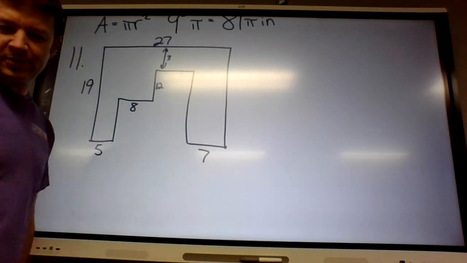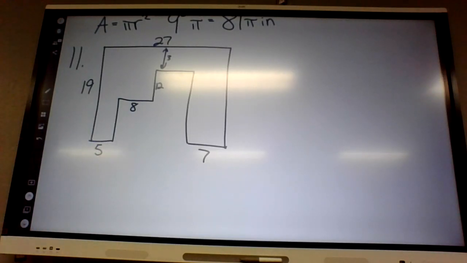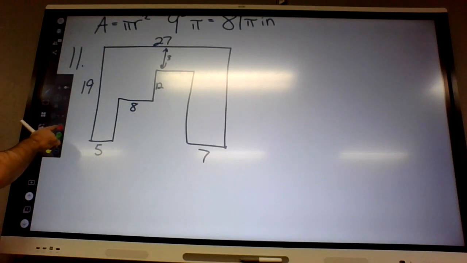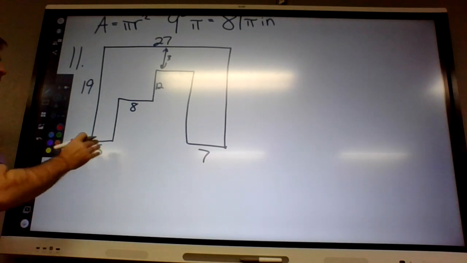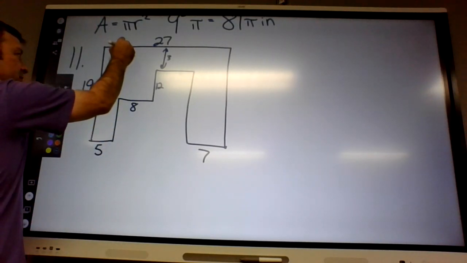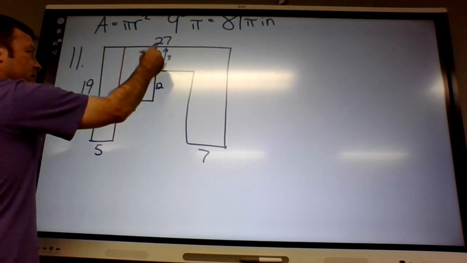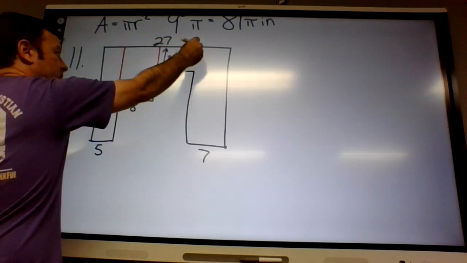Alright, did I get all the numbers yet? Alright. And 19 times 5. Okay, so there's more than one way to split it, but yeah, you cut it into rectangles and then find the area of each rectangle and then add them all together. So Jared said 19 times 5. So I'm going to start cutting vertically.